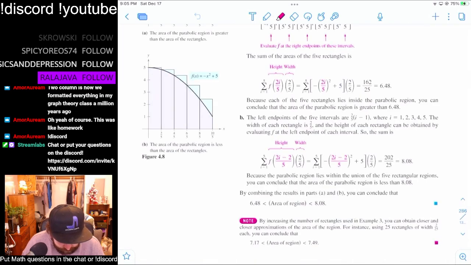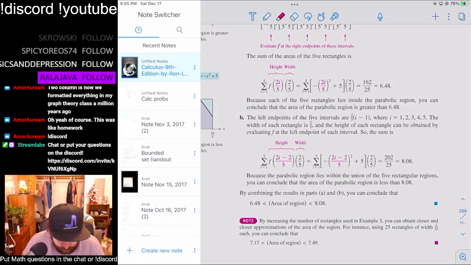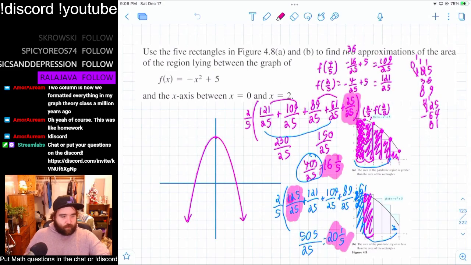Over 5 or over 25? So I didn't write it out like they did, but it should still be right. Hang on. I need to pause the recording and figure out what went wrong here.